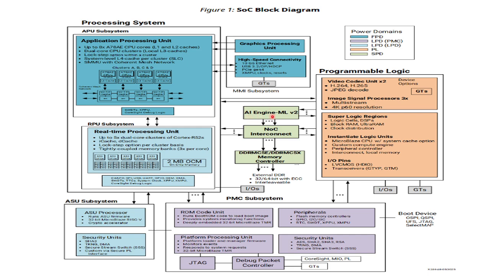Let's finish with the PMC subsystem. Also different peripherals, general purpose input output pins. I'm guessing that this is a fixed part. Also I2C type of connection, also flash memory controllers, and so on and so on.